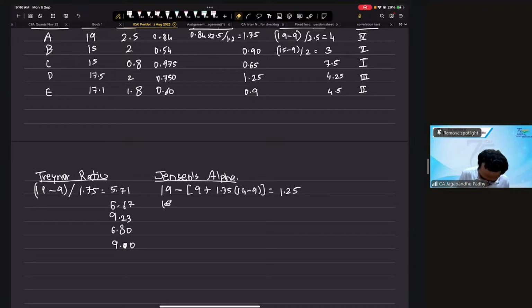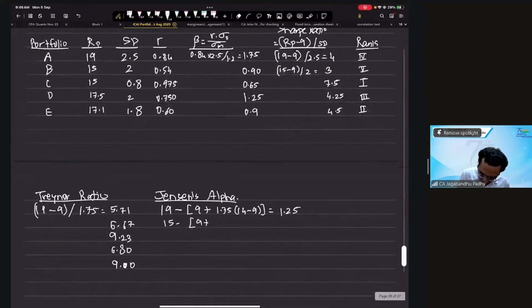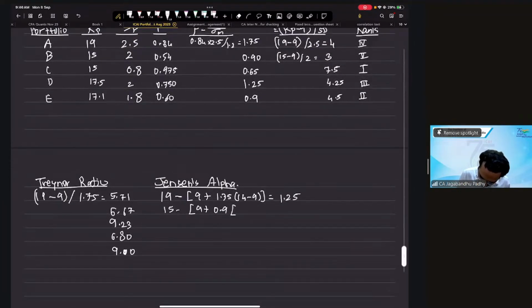Then this return is what? 15 minus 9 plus beta, 0.9, into 14 minus 9. How much is this Jensen's alpha? 1.5.